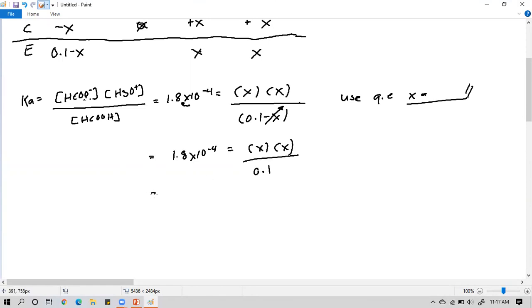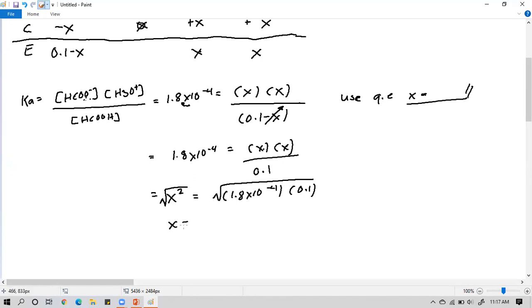Okay, let's distribute the equation, ayan, X squared, kasi nga X times X equals X squared, equals 1.8 times 10 raised to negative 4 times 0.1. In order to cancel the squared here, square root both sides.